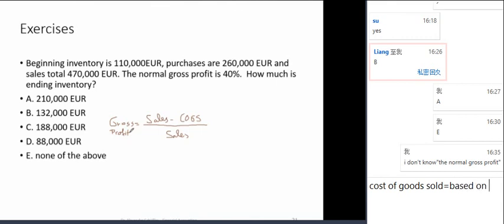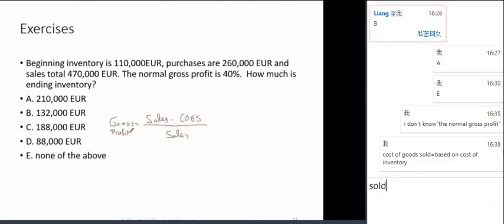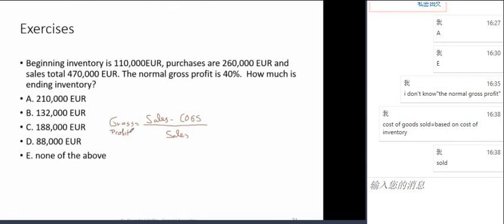What is your cost of goods sold? Yeah, cost of goods sold based on costs of inventory.